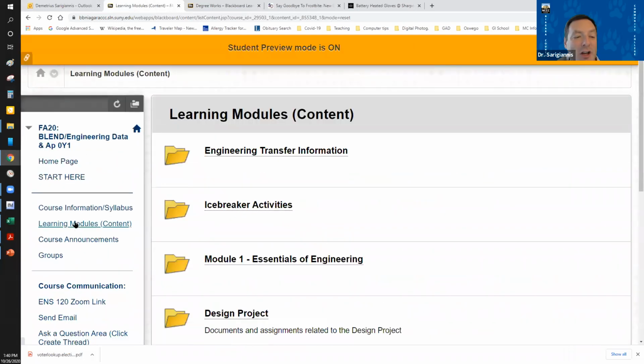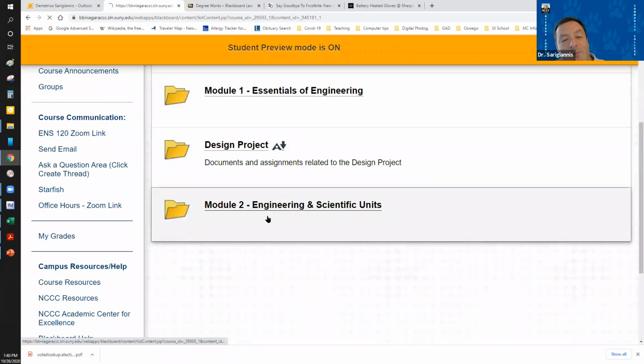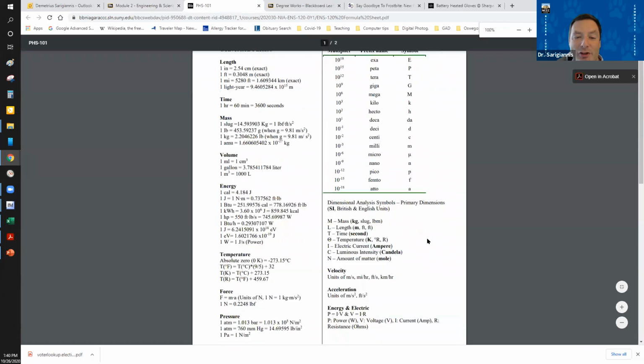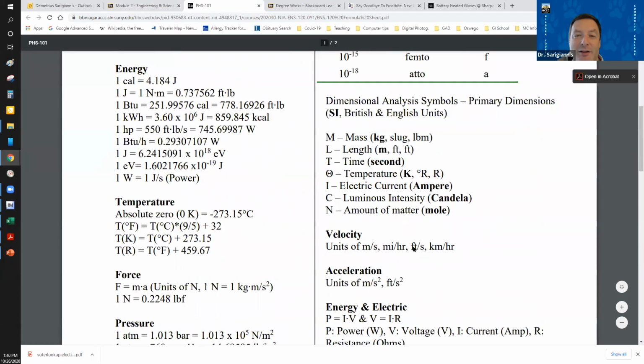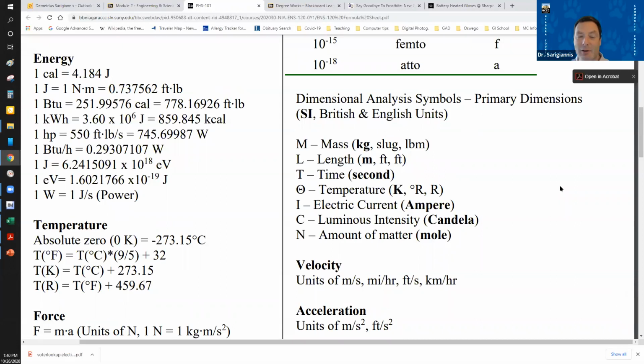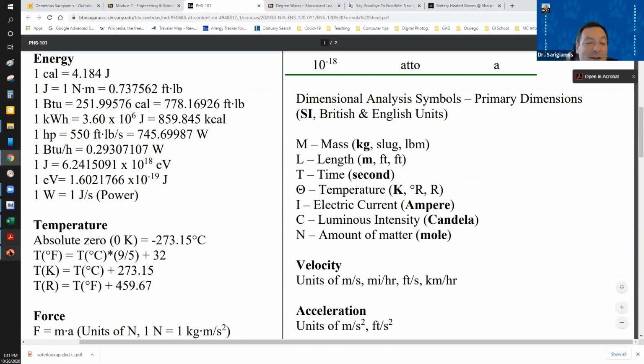Remember that formula sheet that I had in module 2? This formula sheet has down here the symbols for dimensional analysis, and we're going to use some of these symbols. So we've got mass, length, time, temperature theta, electric current I, C is luminous intensity, and N is amount of matter.